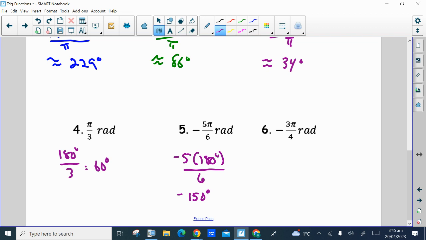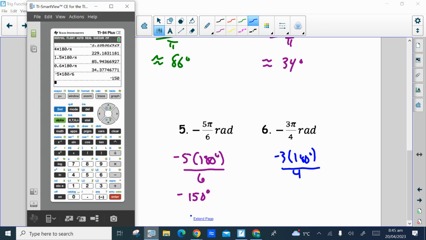We also learned that if there is no unit, that means that the angle is in radians. If it's degrees, there'll be a degree symbol. So they can write radians, they can write rad, but you don't even need any unit at all. If you're giving the measure of an angle and no units are given, that means radians. So for number 6, again, we'll let pi equal 180 degrees.